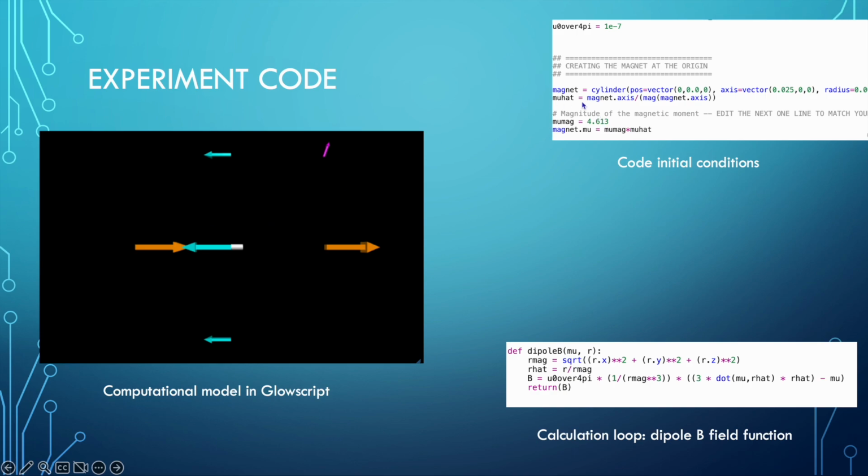And then we have our mu hat, which is our magnetic moment. And then we have our magnet.mu, which we calculated here. Below is the dipole magnetic field function, which we had to create ourselves. And then we have the computational model in GlowScript, as shown here, which shows the magnetic field.